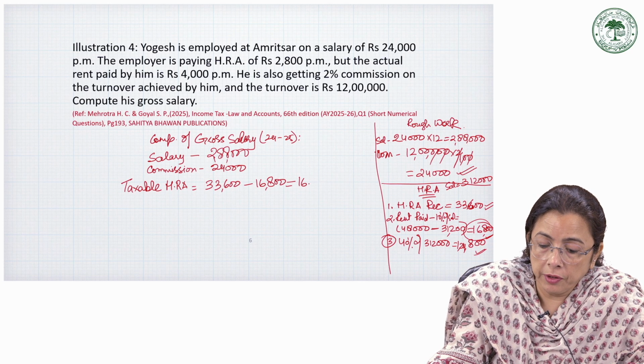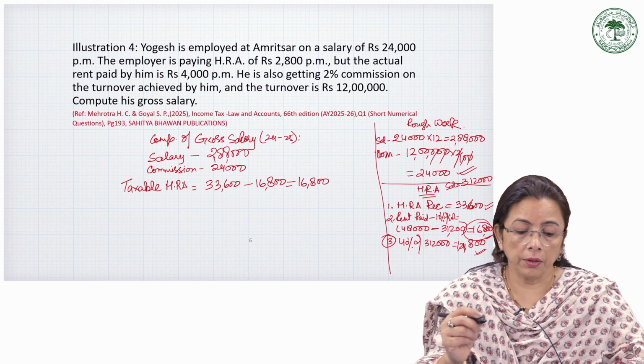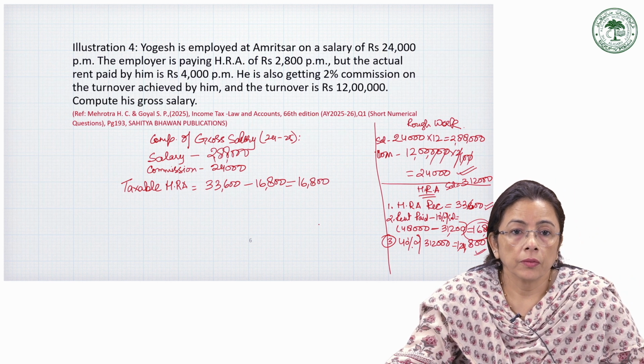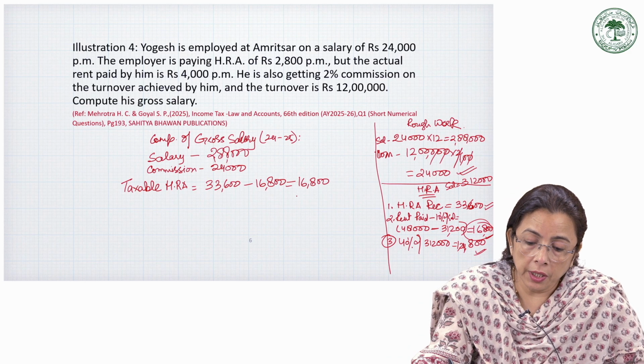So the difference between the two is 16,800. This is how we compute the taxable HRA.